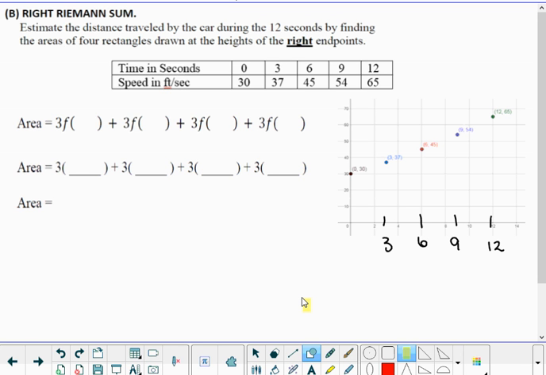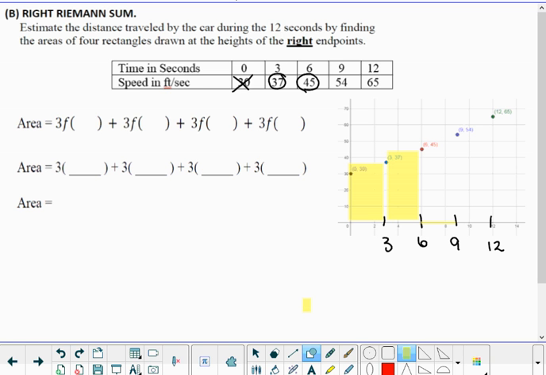Now, I'm going to build a rectangle, and I'm going to travel up until I reach that right-hand height, which says it's 37. In this case, I will never use that left-handed side of 30. I'm going to first make this a height of 37. Then my next rectangle, I'll go across to 6, and now I'm traveling up the right-hand side until I reach 45.